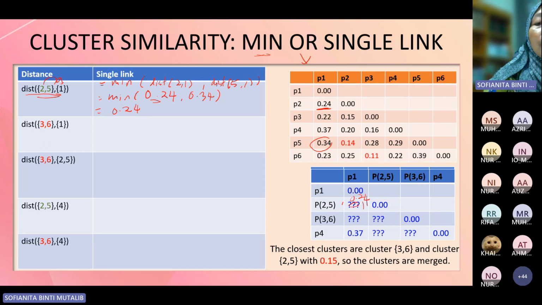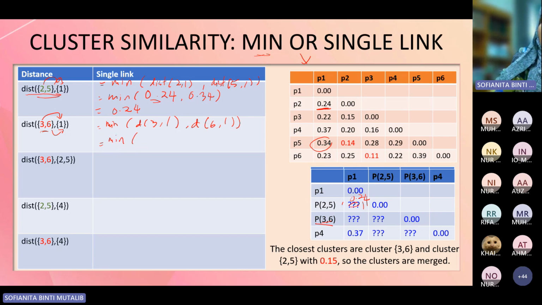Next we want to know the distance between cluster 3, 6 and cluster 1. So the minimum of the distance 3, 1 and the distance of 6, 1.